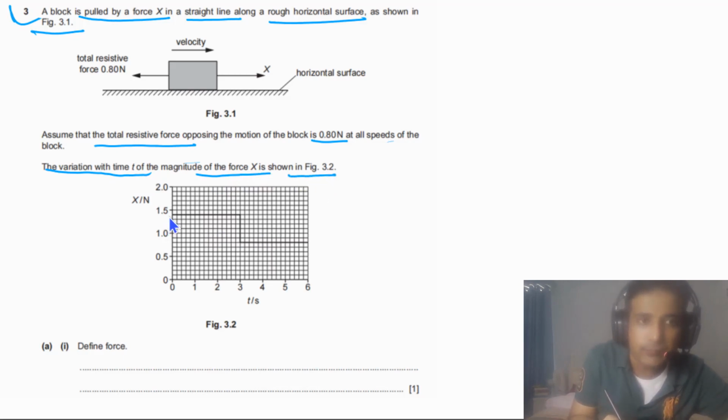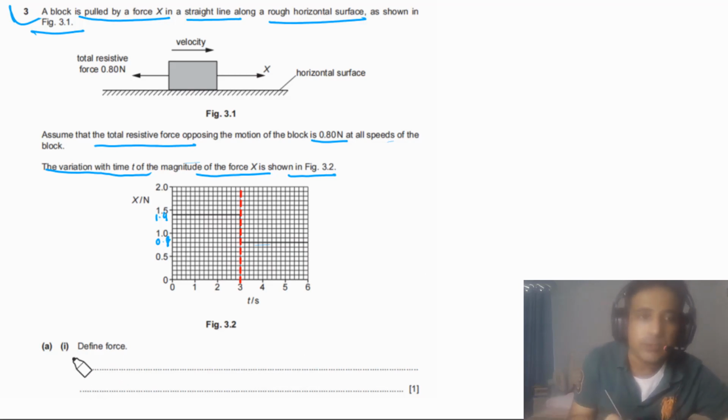Here we have a force of 1.4 newtons at first, and then the force decreases to 0.80 newtons and stays constant. So if we draw the line, here we have 3 seconds. Before 3 seconds, force is equal to 1.4 newtons, and after 3 seconds, force is equal to 0.8 newtons.